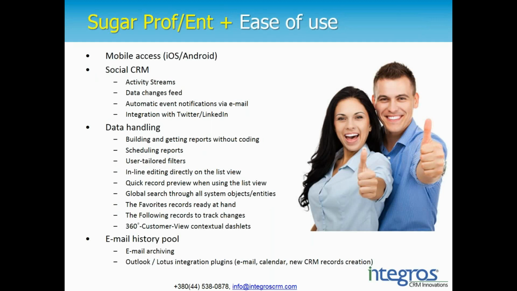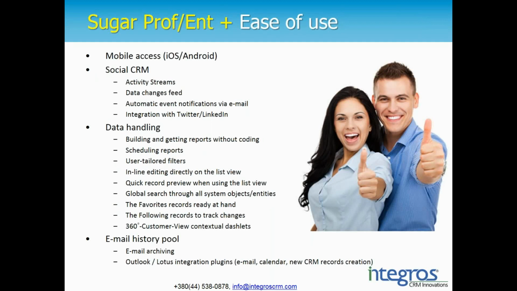The functionality that helps to manage all the data accumulated in the CRM system gives not just possibility but flexibility as well. The first thing that users appreciate is filters. Since filters in community are to be programmed, users can't control the filter content or readjust it to fit their needs.